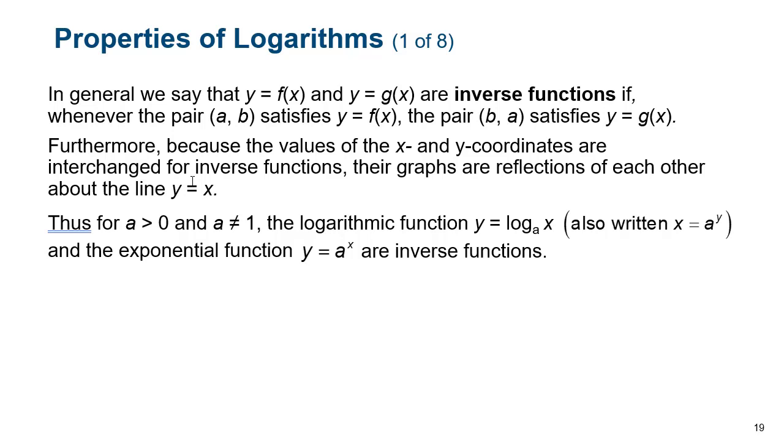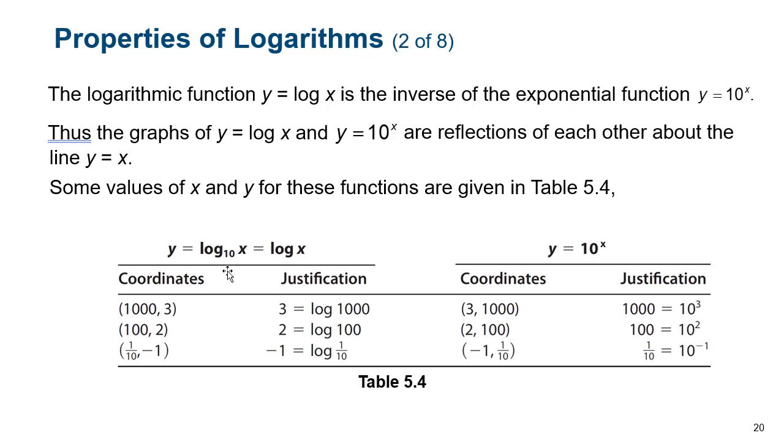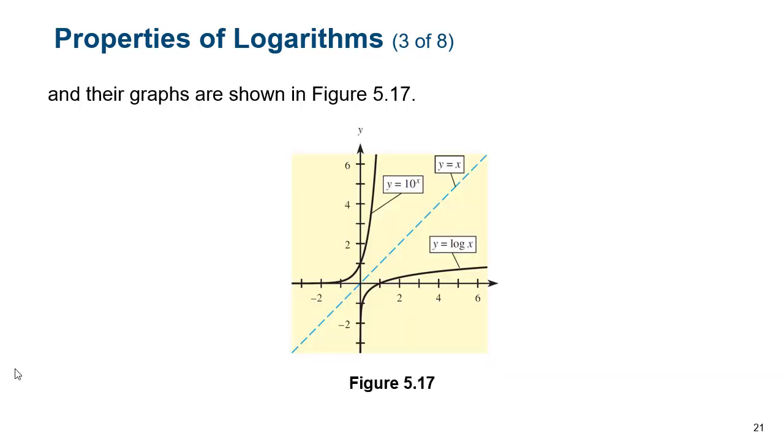We've already talked about this. So for these functions, we get this point, and then over here, we get these exact opposite points. And I showed before that the functions are mirror images across the line y equals x. So we're now just proving what we've already been talking about, that these two functions are inverses of each other.